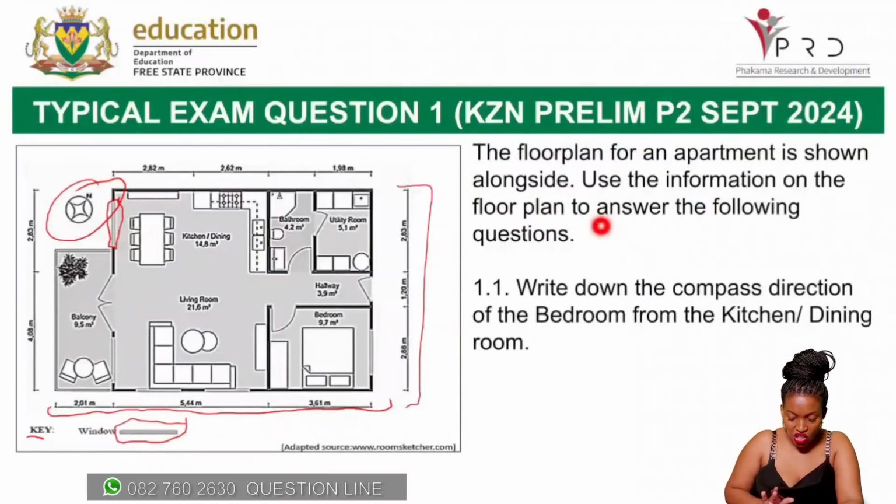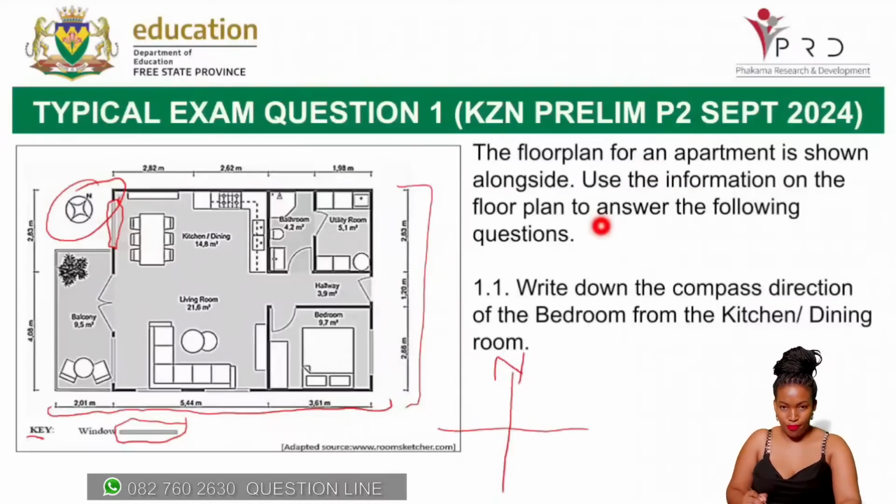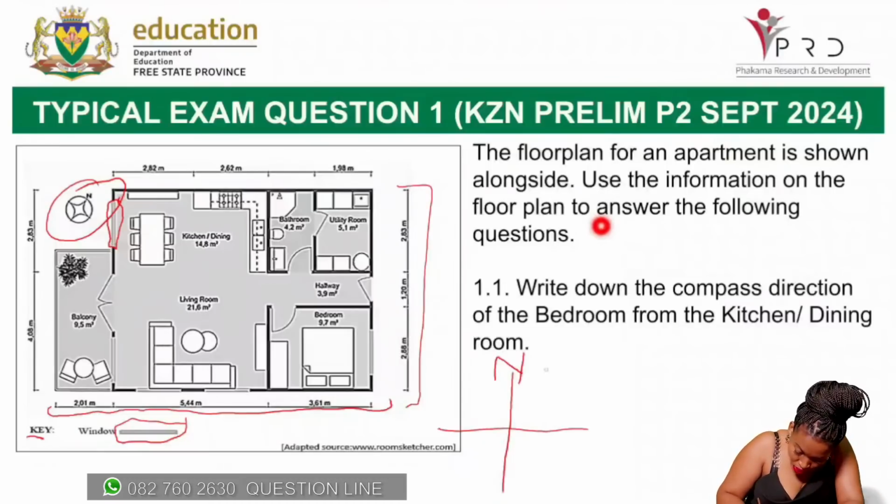Before we go to the questions, I want us to quickly remind each other about the compass direction. Remember, we know that the normal compass direction, the north will be facing up. And you are in grade 12, you will only be given the north. So it is upon you to be able to complete all the other cardinal points. So this is north.